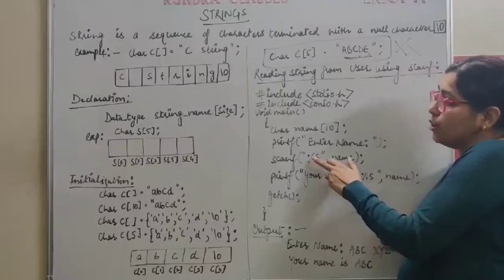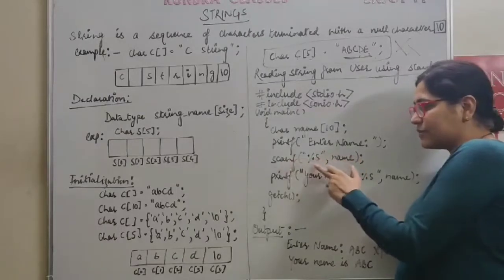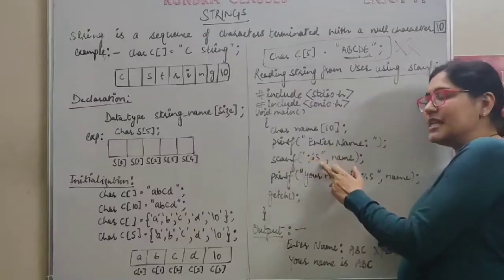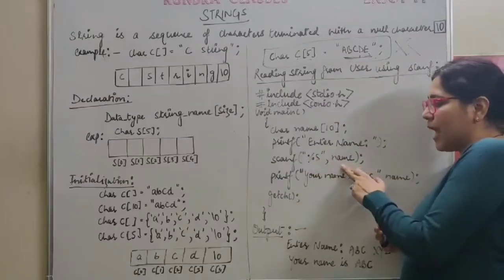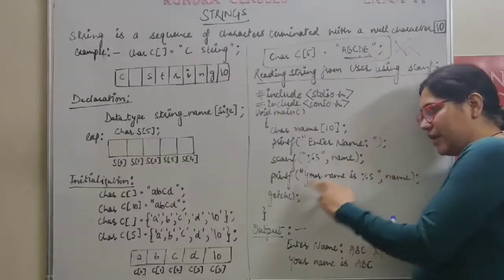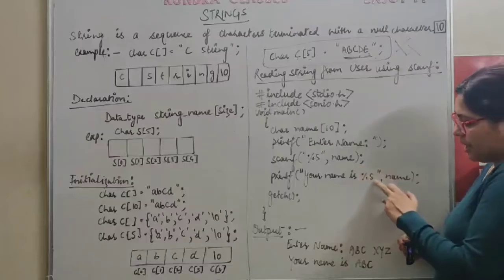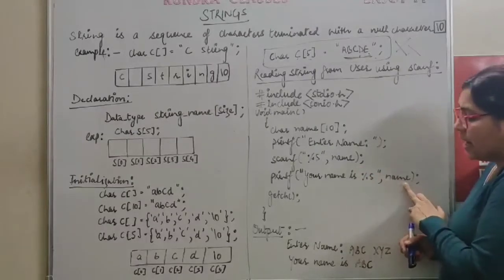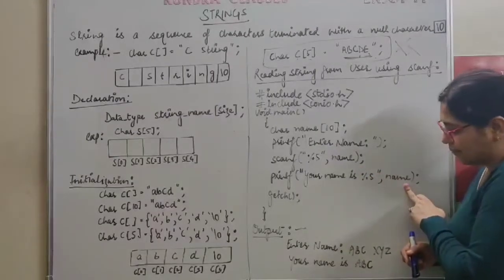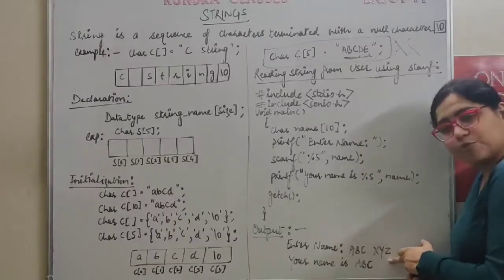Similarly, if you want to get strings from user using scanf, you have to use the %s format specifier. And the name of the string will pass the base address of the string. Then in the printf statement, your name will be printed, with the format specifier and the string name, on the output screen.